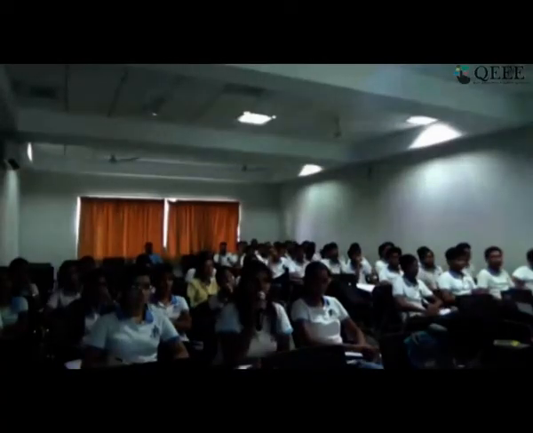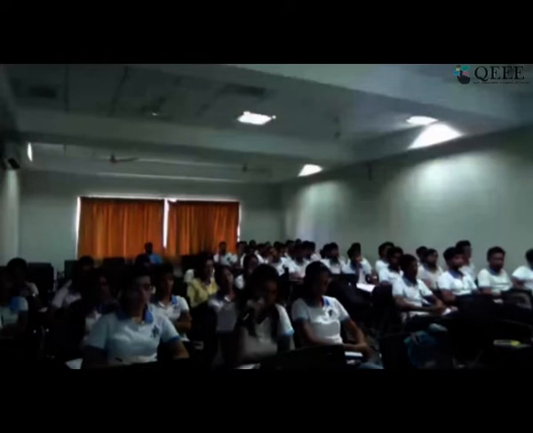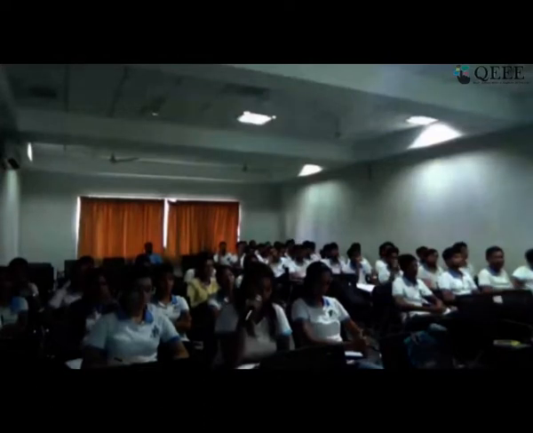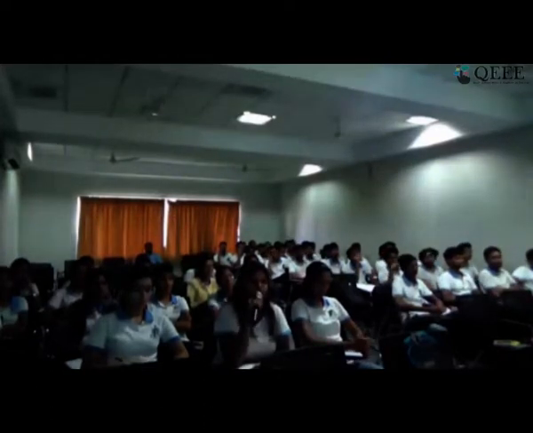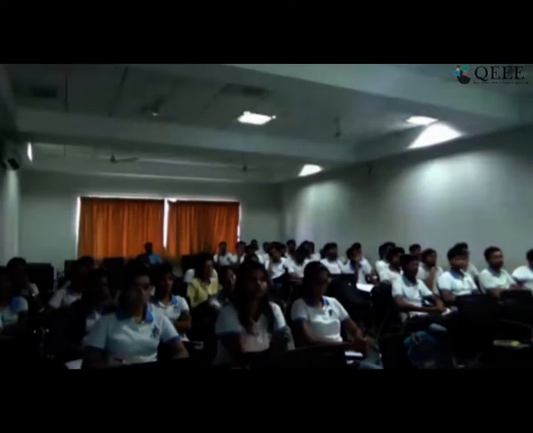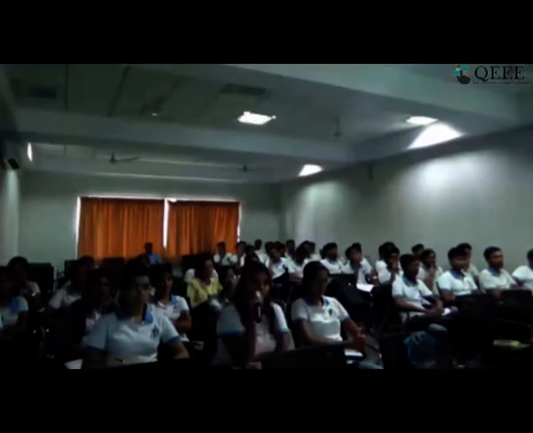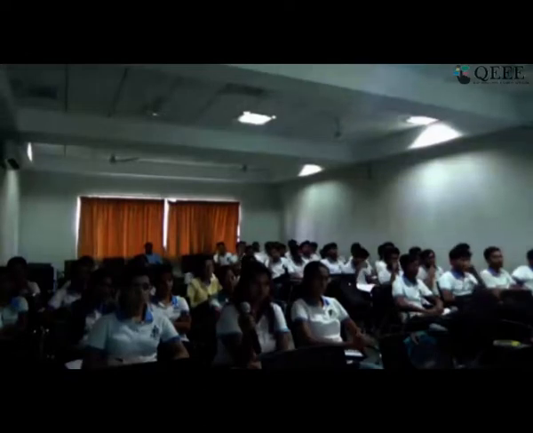Good afternoon, sir. My question is, how can we predict a marginally stable system by using the Routh criterion? How can you predict? Basically, you cannot predict, you can only compute. So let's go back to the definition.